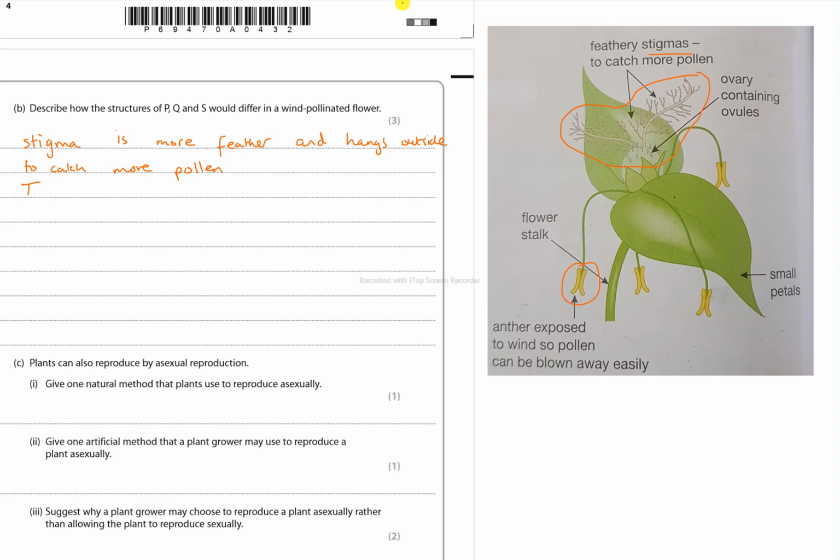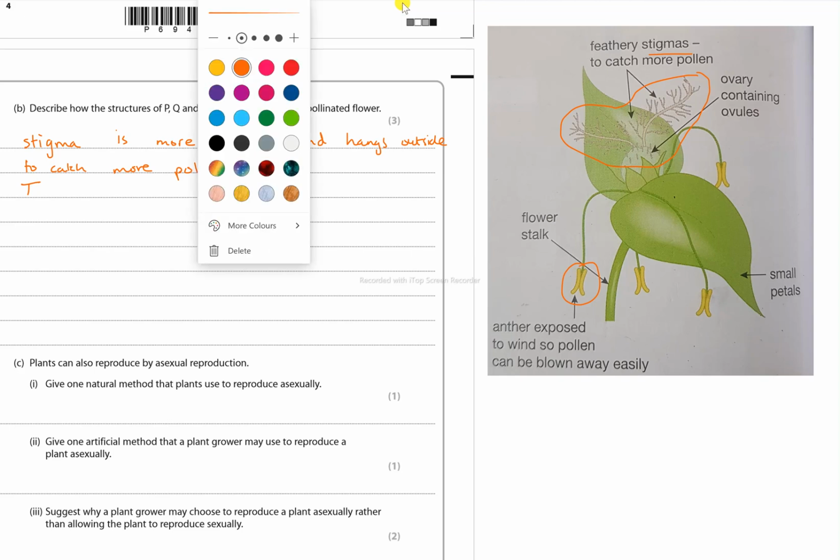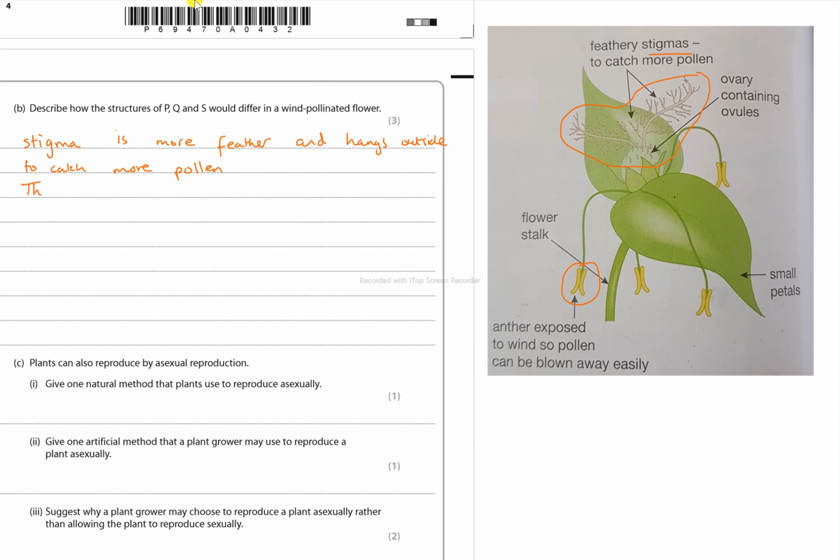The anther is outside the flower, so can be exposed to wind to allow pollen to be dispersed onto the next plant or flower or tree.